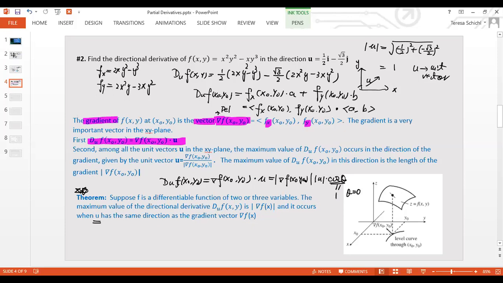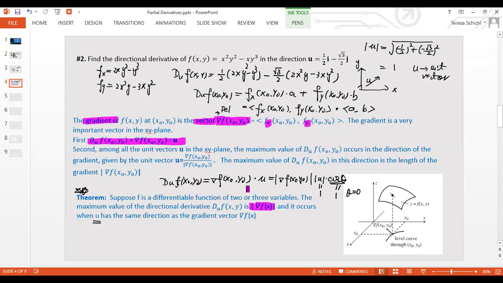That means you will get the largest rate of change in the direction of u if u is in the same direction as your gradient vector here. And what is the largest value? Because u is a unit vector, its magnitude is one, so that's why the largest value is the magnitude of del f of x. Okay, so that is what it means here.